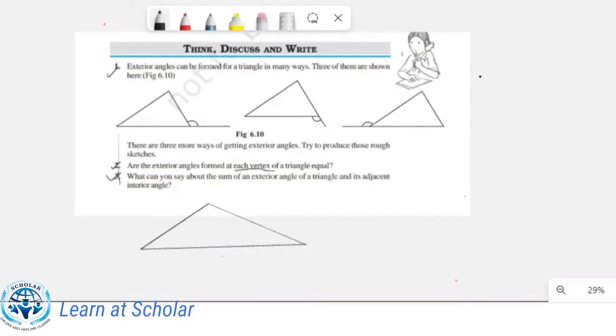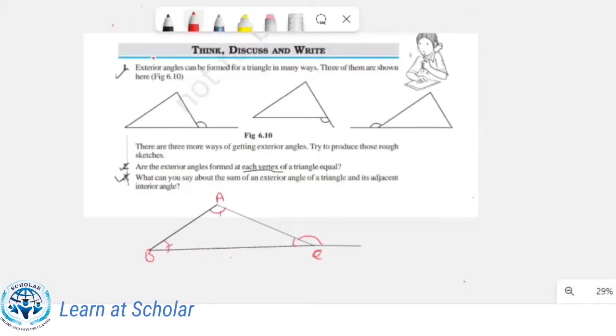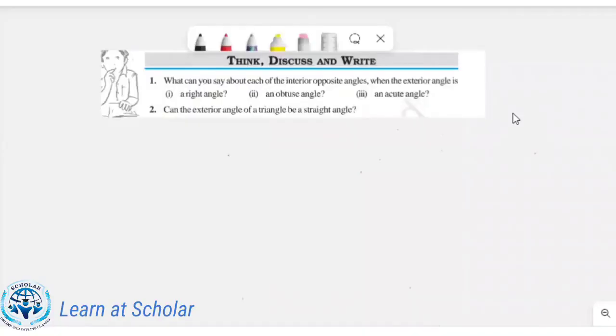If we extend one side to form an exterior angle, we can see that it is a straight line. Angle BCA and angle ACE form a linear pair, right? Because angle BCE is a straight angle which is equal to 180 degrees and angle BCA and angle ACE are adjacent. What can you say about each of the interior opposite angles where the exterior angle is a right angle?